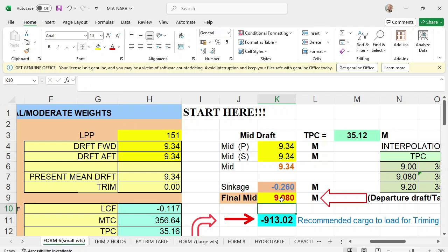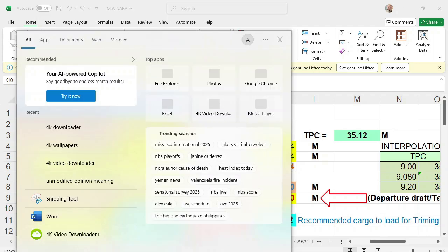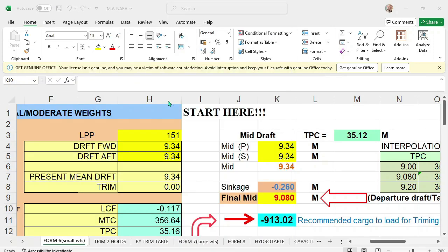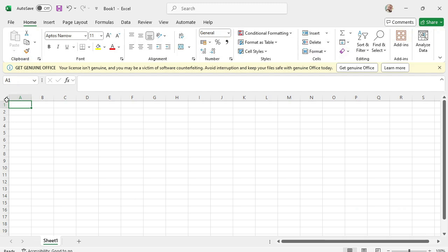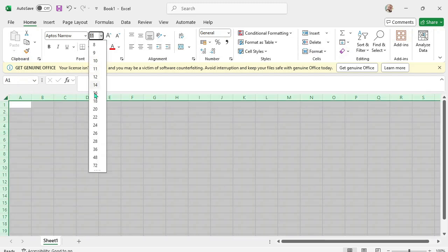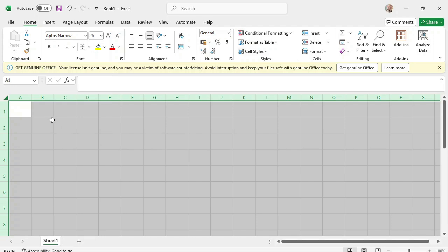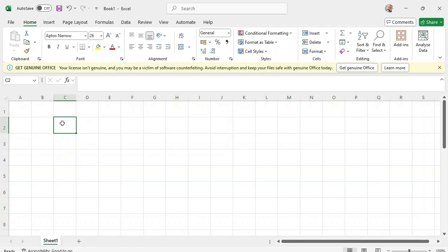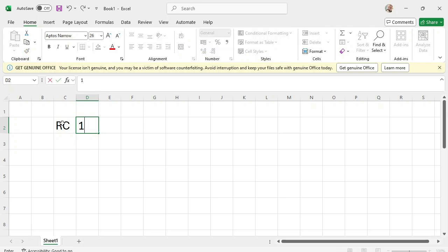And let's say your remaining cargo is 1000. For example, your remaining cargo is 1000. Okay.